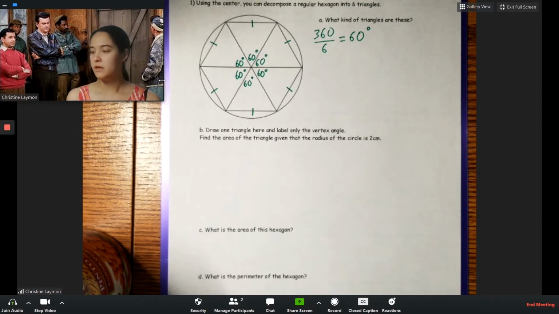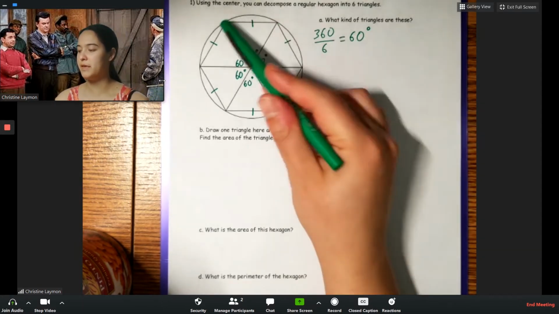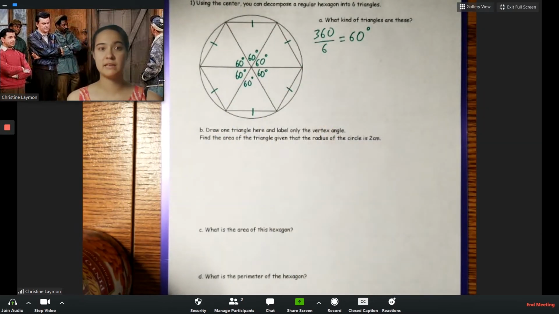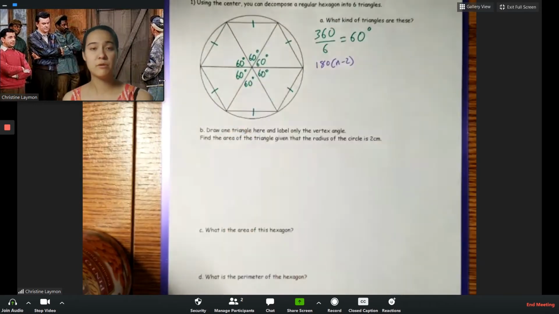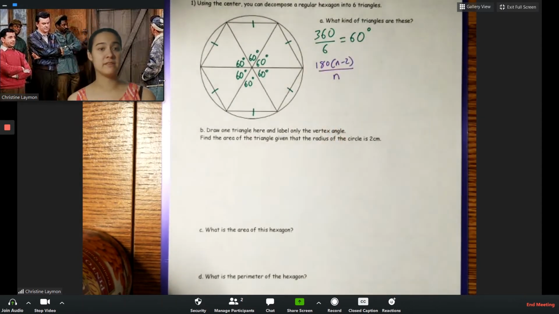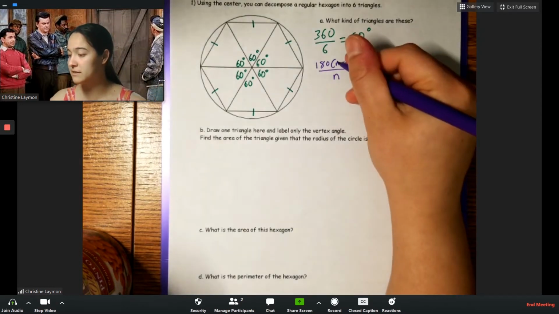Okay, think about this big polygon. Back in chapter 7, we talked about how to find the sum of the angles inside a polygon. Remember that formula was 180 times n minus 2. If I want to find the measure of just one angle, divide this value by n, where n is the number of sides.